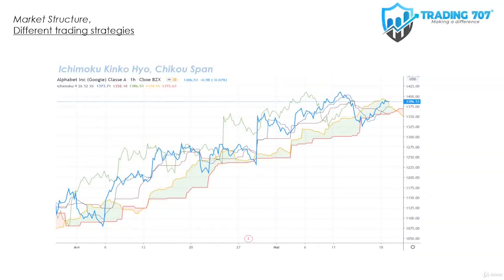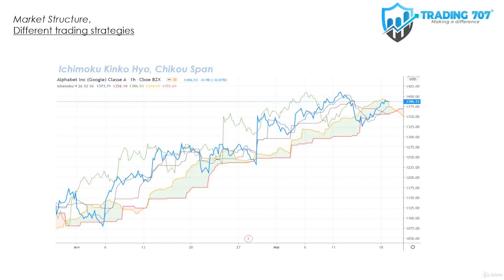But when are the signals generated? The analysis of these curves takes place when the price line crosses the Chikou span curve. When the Chikou span crosses the price upward, this represents a buy signal. On the contrary, when the Chikou span crosses the price downward, this represents a selling signal.